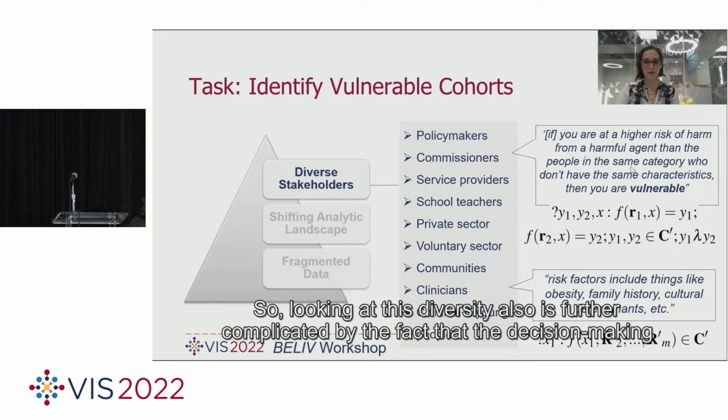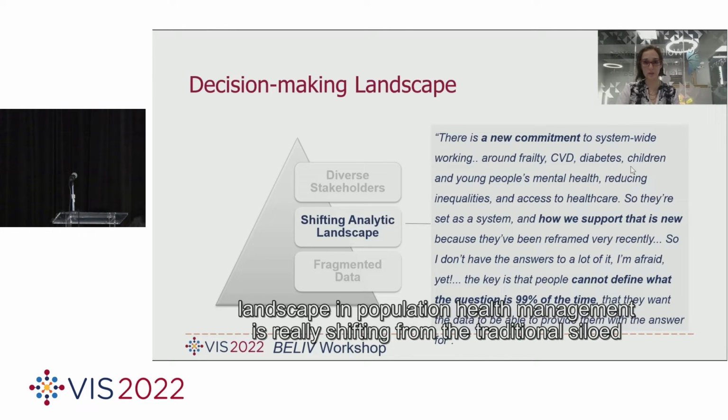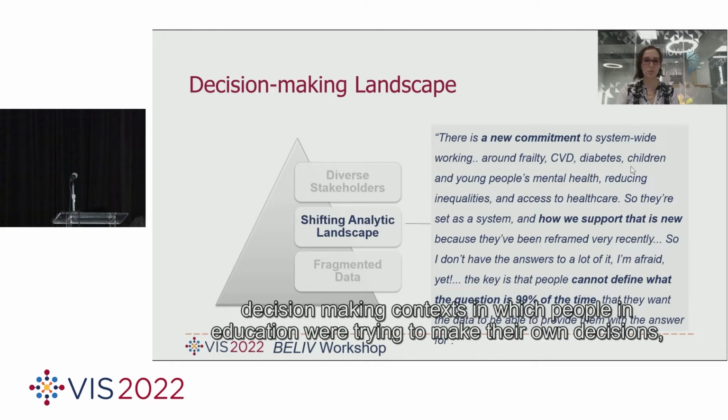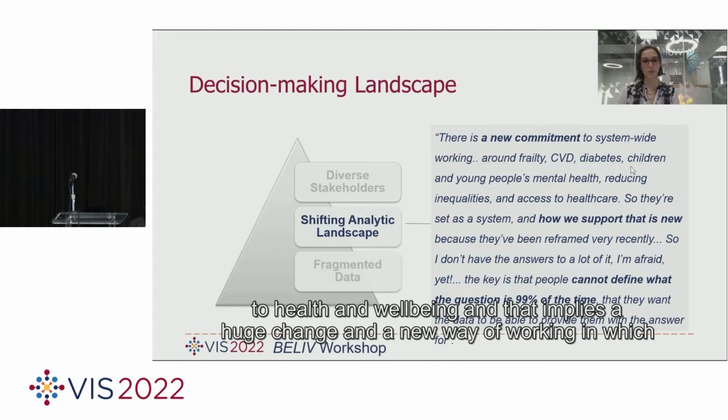This diversity is further complicated by the fact that the decision-making landscape in population health management is really shifting from the traditional siloed decision-making context, in which people in education were trying to make their own decisions and people in healthcare were trying to make their own decisions, into a more systems approach to health and well-being.